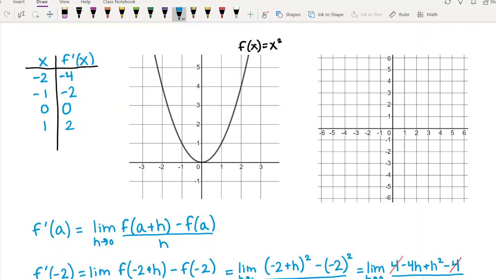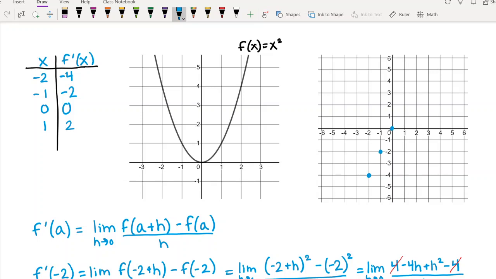So the way that I'm going to graph these points is for each x value, I'm going to take the derivative value we got and plot that as the y value. So for example, we have the point -2, -4 on our graph. And then when x is -1, we found that the slope was -2, so I'm going to plot a point at -2. At 0, we had 0.